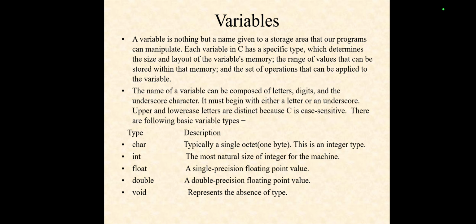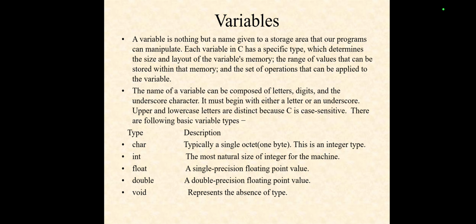There are the following basic variable types. These types are nothing but data types. There are basically four main basic data types, but here we have mentioned a total of 5 data types.